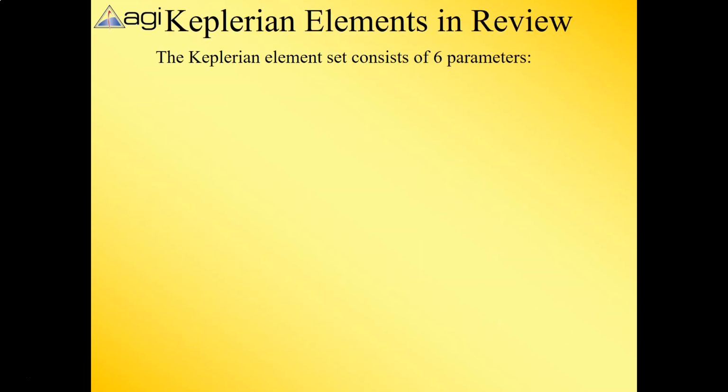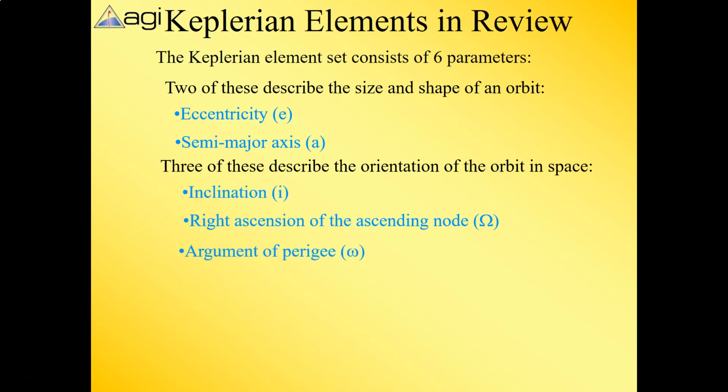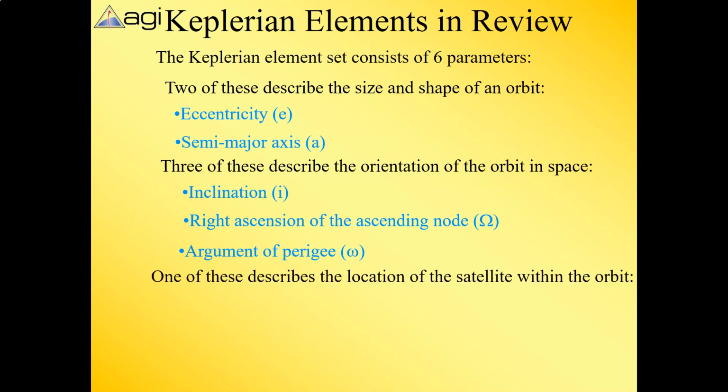The Keplerian elements consist of 6 parameters: 2 that describe size and shape, eccentricity and semi-major axis; 3 that describe the orientation of the orbit in space, inclination, right ascension of the ascending node, and the argument of perigee; and then 1 that describes the location of the satellite in the orbit, true anomaly.